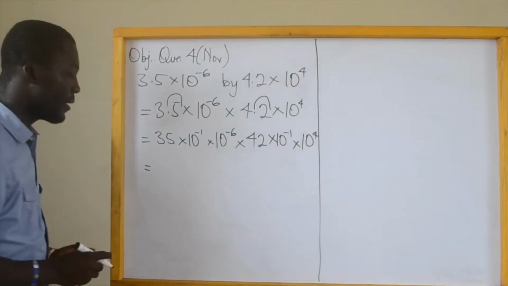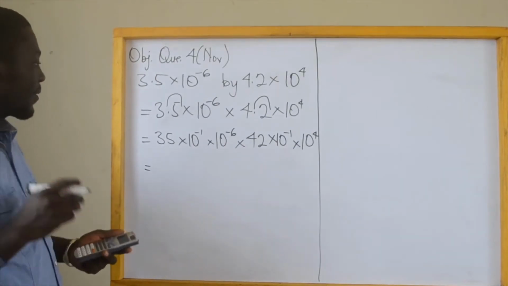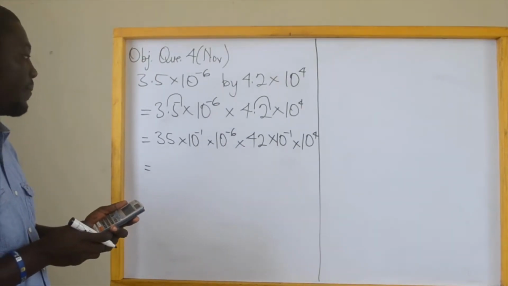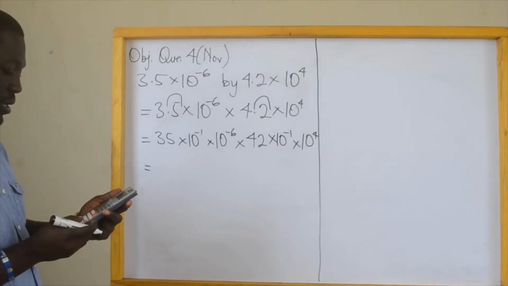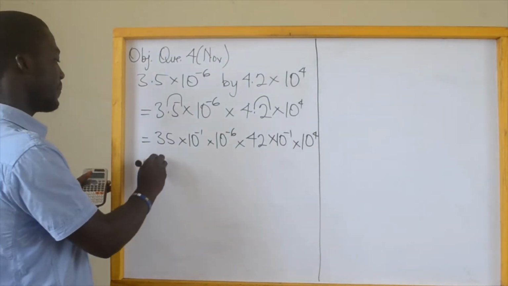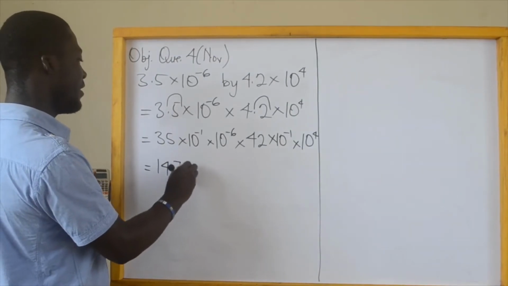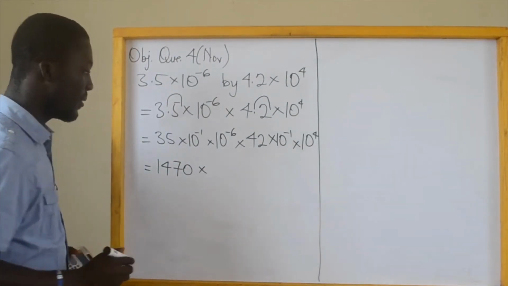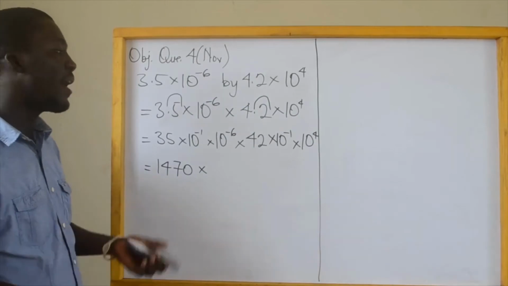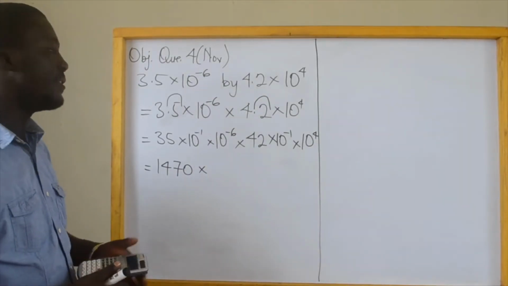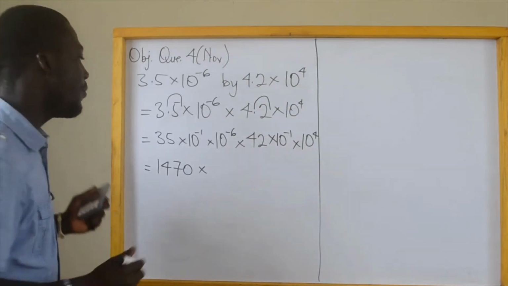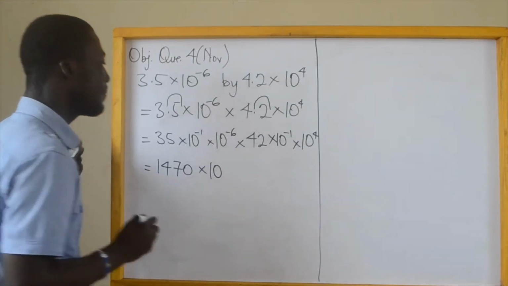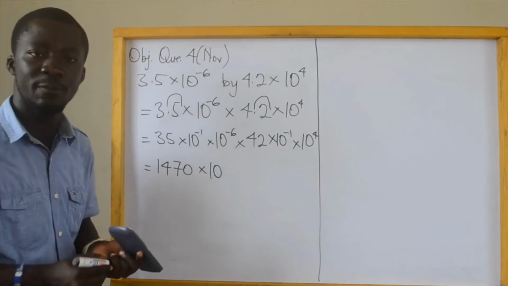Our next step is to multiply the whole numbers, which is 35 times 42, and we are going to get 1470 times. We are multiplying the powers of tens, and since the bases are equal, we just write one of the base and add the exponents.